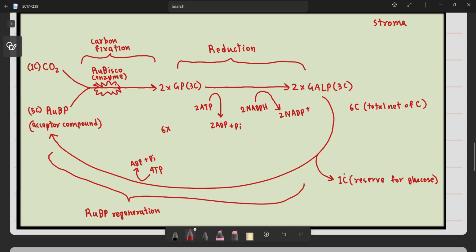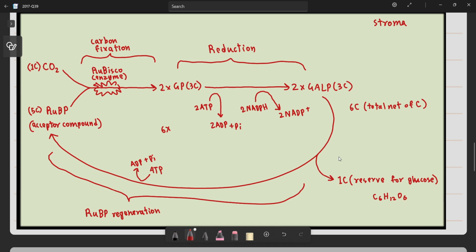The formula for glucose is C6H12O6, so it requires six carbon. This cycle has to repeat six times to produce one glucose molecule.